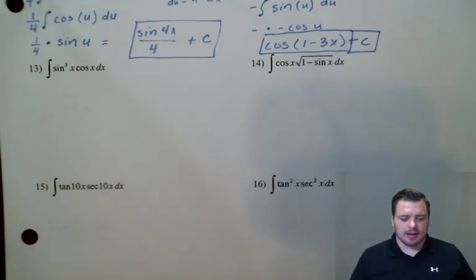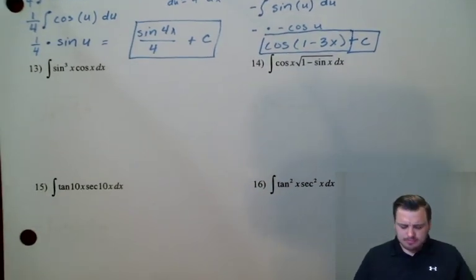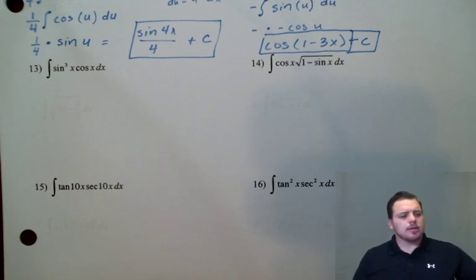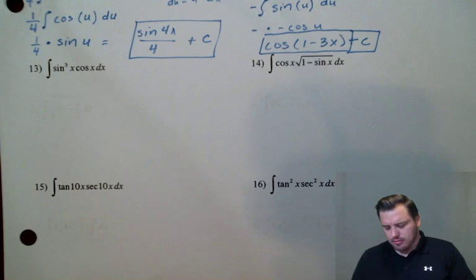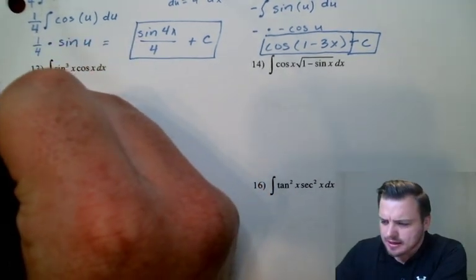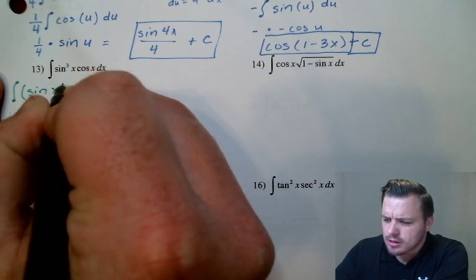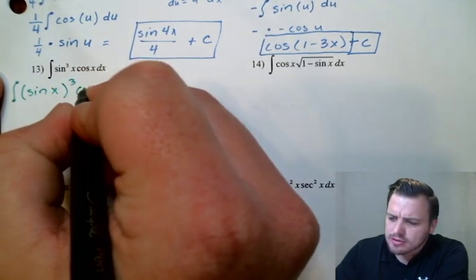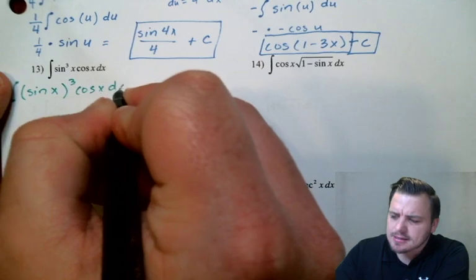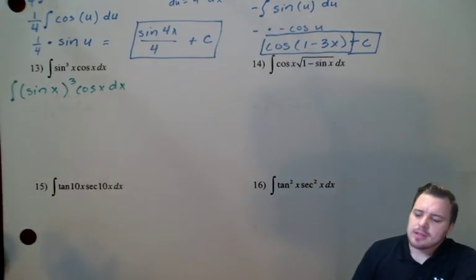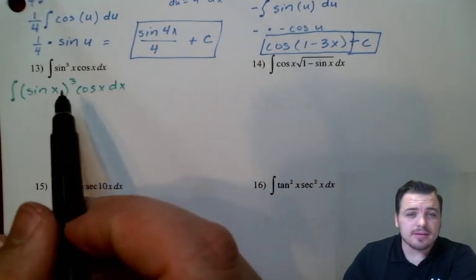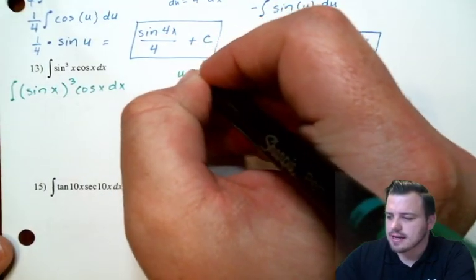All right, then looking at number 13, the antiderivative of sine cubed x cosine x. So here, let's rewrite sine cubed x as sine x cubed times cosine x dx. So I'm going to treat the parentheses as my u, so u is equal to sine x.